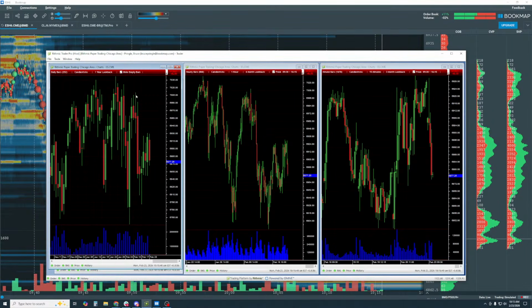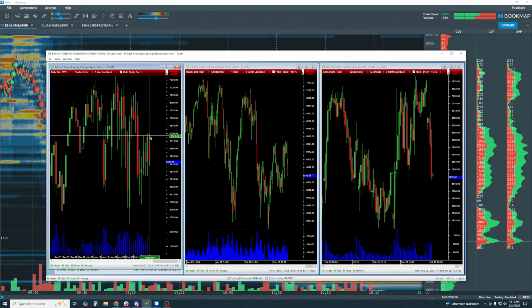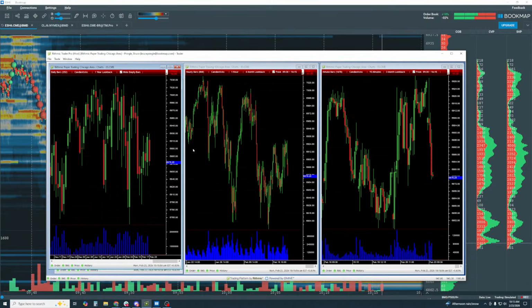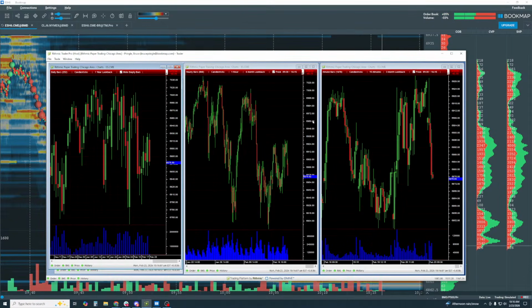In fact, you can see the wicks up in here, slightly higher highs, and then this day here, which was on Thursday, the move down, and this just looks like a retracement in here. Anyway, we'll see if selling continues, and then we're looking for a continued move down into some of the lows. That would be the primary focus, and then we're going to drill into other time frames here.